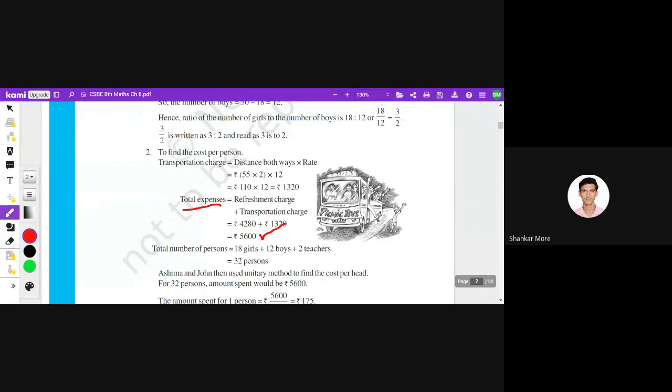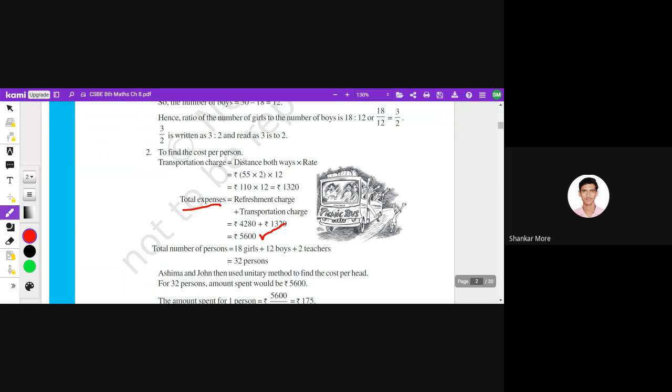Yeah, I was just telling you, we have discussed this example. We have found the per head cost, right? So is there any doubt in finding this? Where did that value come from?